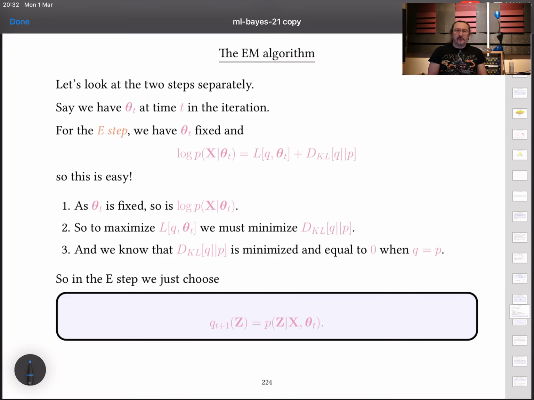Well, let's say that we're at step t in our maximization process. So we have qt and theta t. The E step is going to be to keep theta t fixed and maximize with respect to qt. Now we know that we have this expression, and we've just derived this.